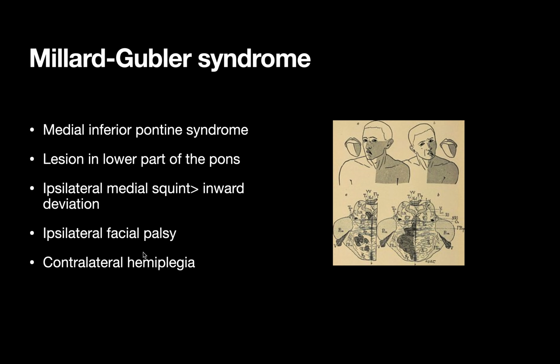There's going to be contralateral hemiplegia instead, because the motor tract is going to be below the pons, and it's going to be a downstream effect, right? Another effect is tongue deviation to the right, because the hypoglossal nerve is going to be affected.